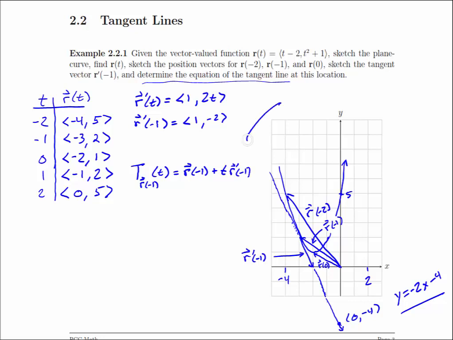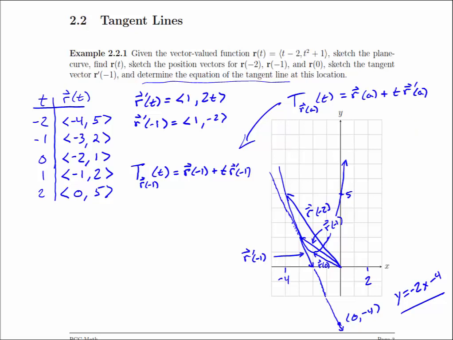This gives us our general form for the tangent line at some point on a space curve r is going to be r of a plus t times r prime of a.